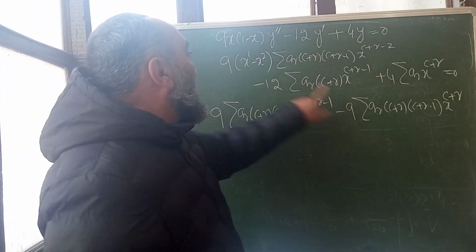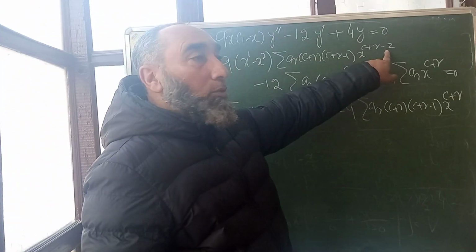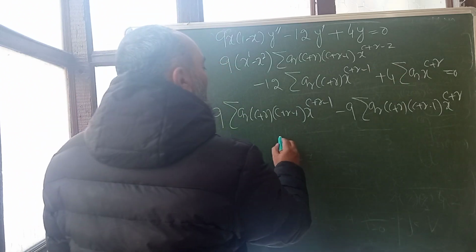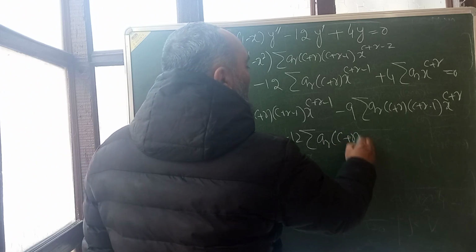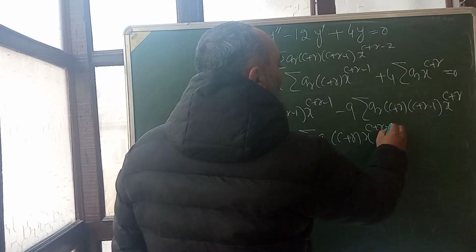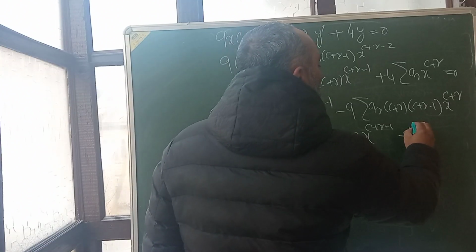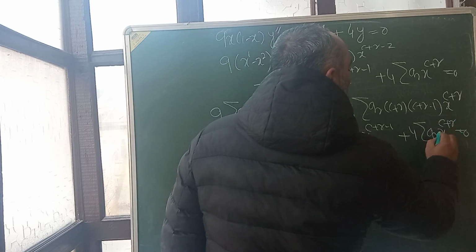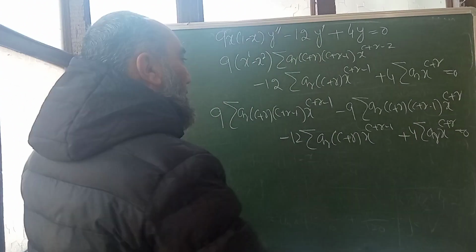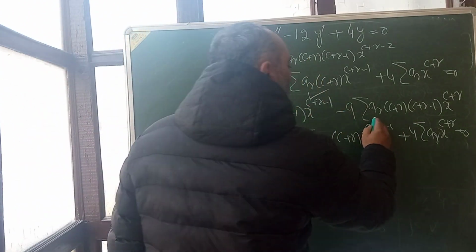Then minus 12 ar (c plus r) x raised power c plus r minus 1, then 4 ar x raised power c plus r equal to 0.